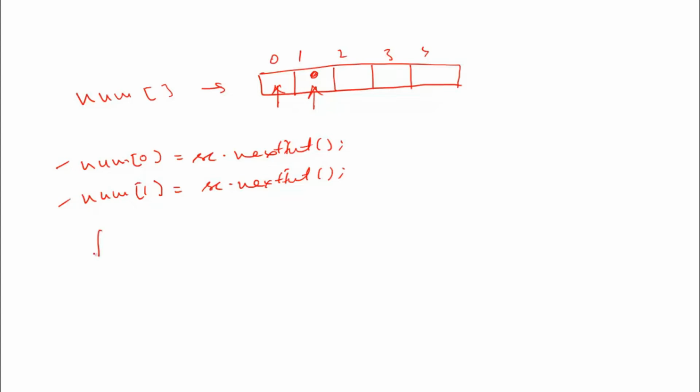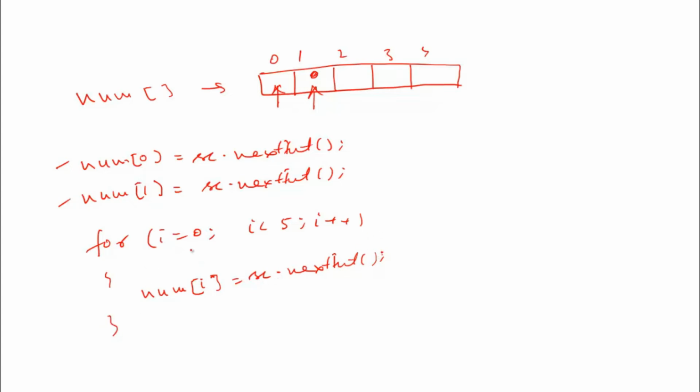So you just create one loop, I equal to 0, I less than 5, I plus plus, and then write num of i equals sc.nextInt.